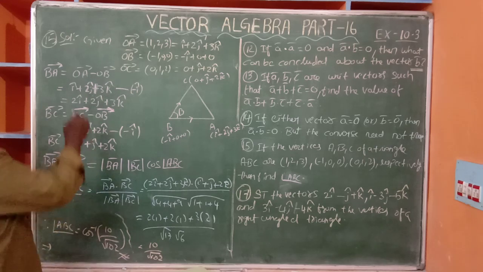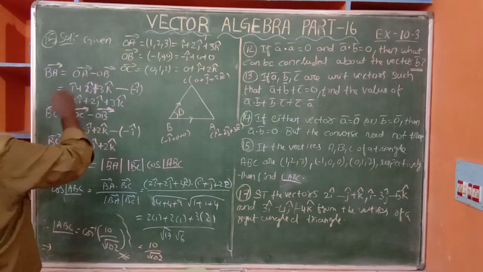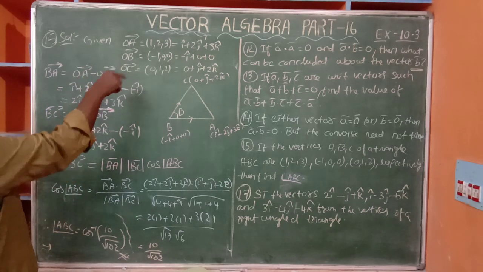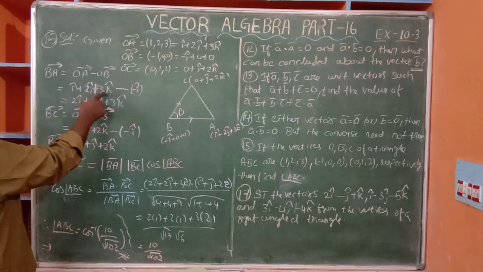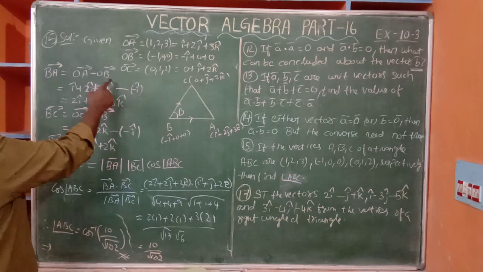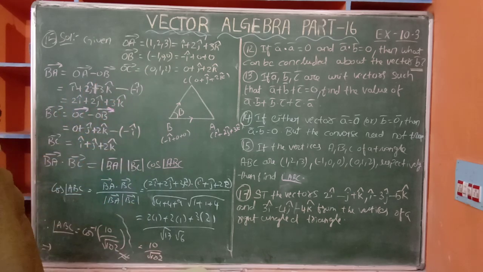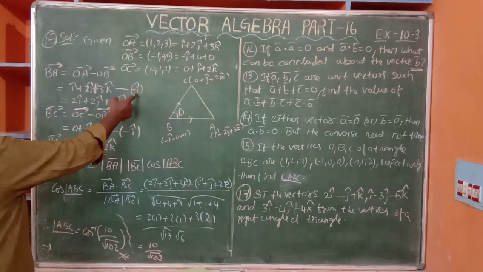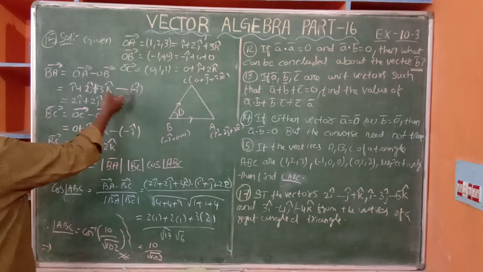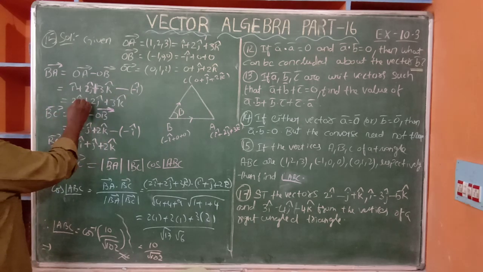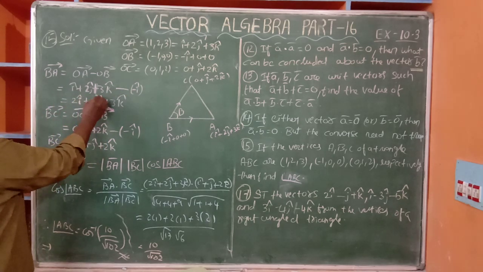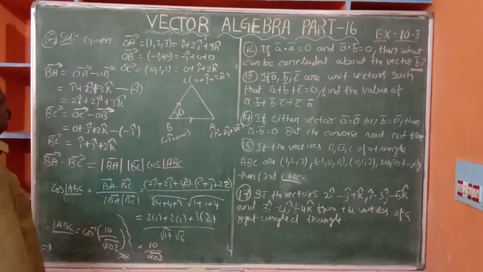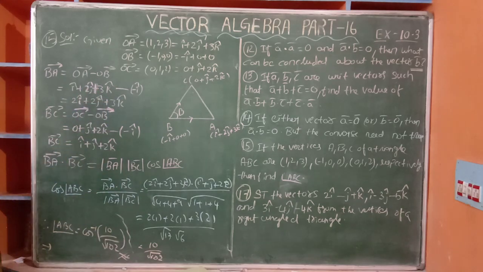We know it. So here OA bar is already there: I plus 2J plus 3K, minus OB bar, which is minus I. So minus of minus is plus I; I plus I is 2I, plus 2J plus 3K. That is BA bar.